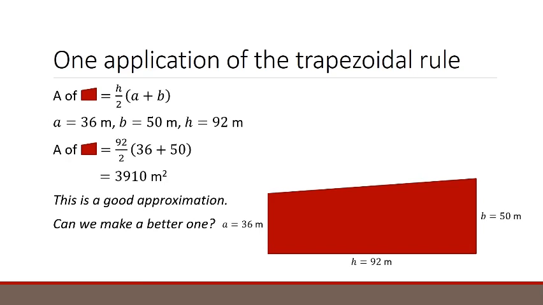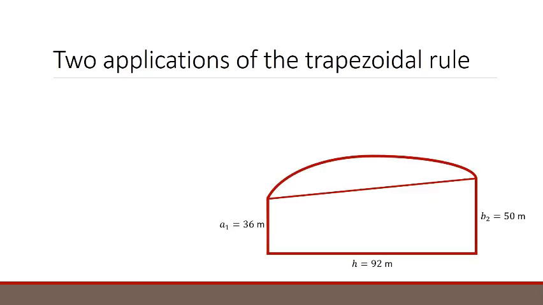So let's try using the trapezoidal rule twice. So here's the plan again, and you can see how much area we've wasted and not counted by looking at that curved area and the trapezium underneath, and obviously we've missed out quite a bit.